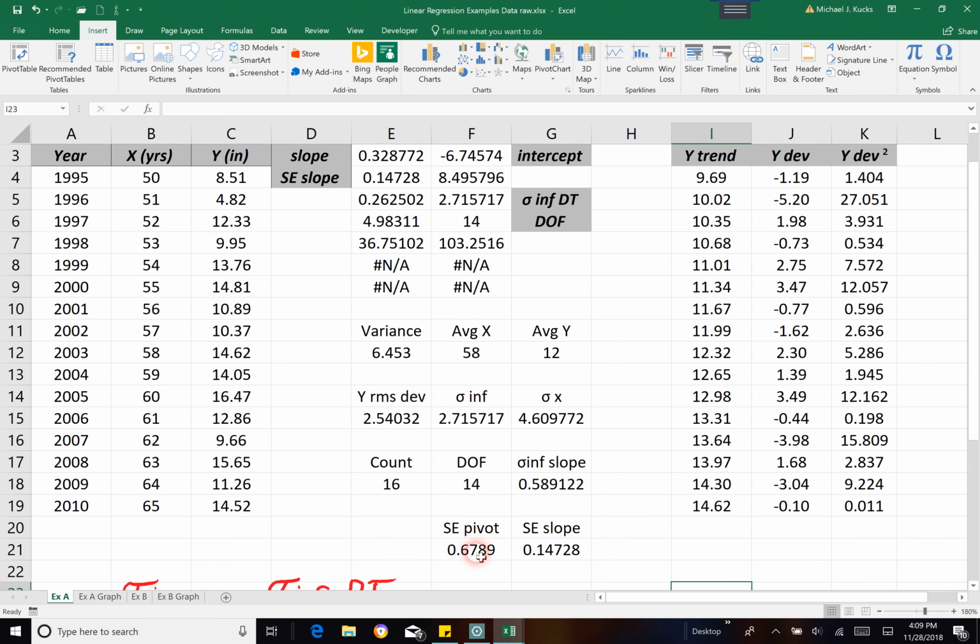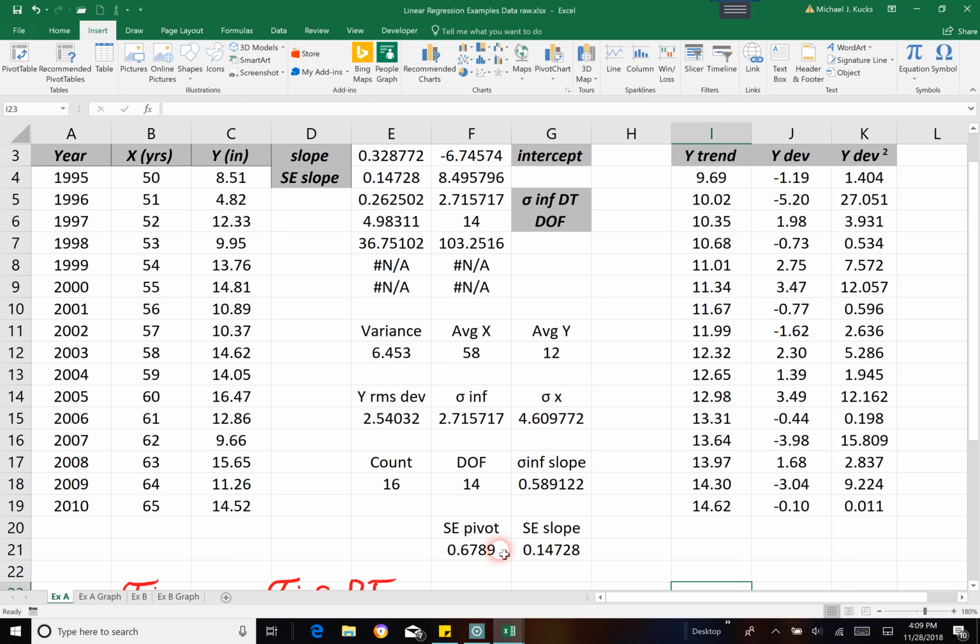So now I've got a standard error in my pivot, telling me how my pivot point can fluctuate, and I've got an error in my slope. Both of these represent averages, that's why they're standard errors.